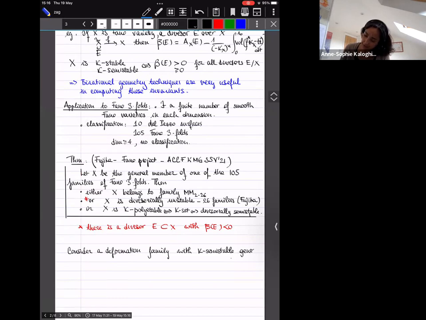The reason I say K-semistable is that it turns out that 2.26 also has K-semistable general members. So this is basically one of the families which are not divisorially unstable.